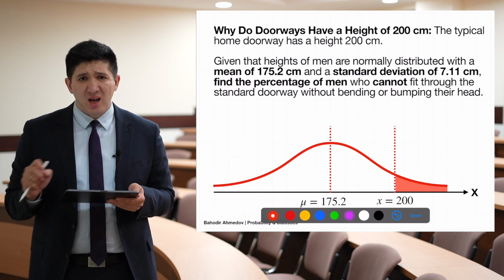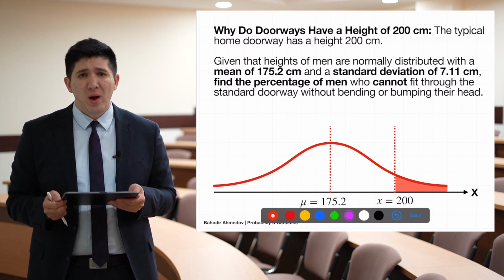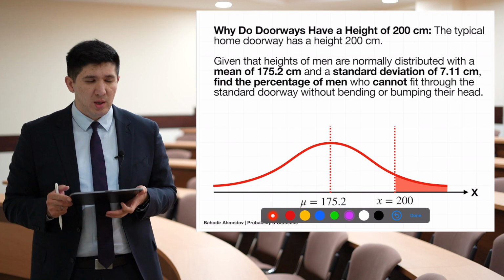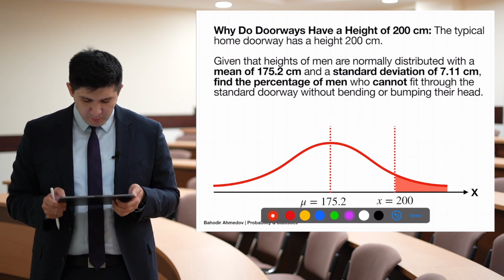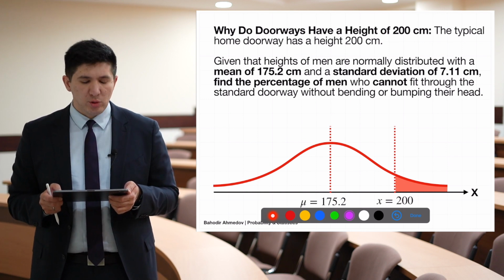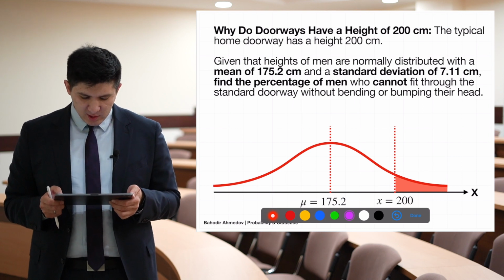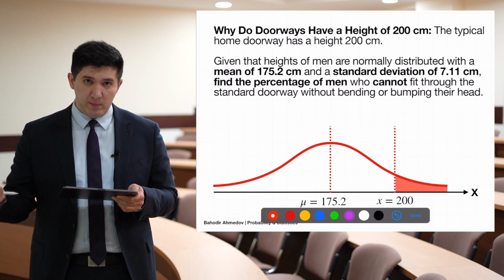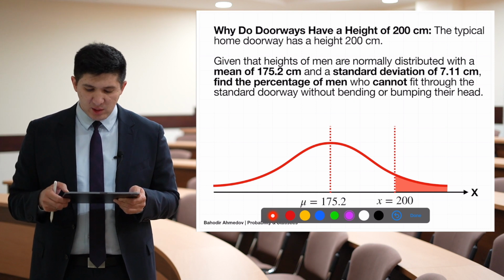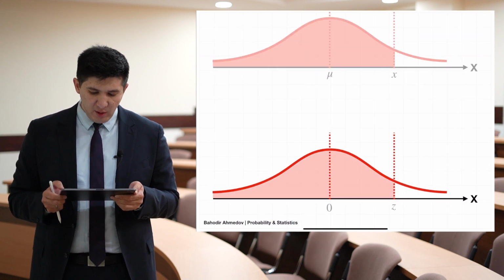We don't know how to calculate the probabilities associated with the normal distribution, but we know how to do this with the standard normal distribution. It appears it is possible to transform the normal distribution into the standard normal distribution using the following formula.